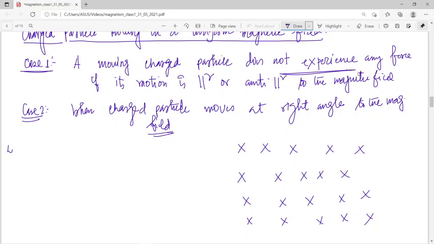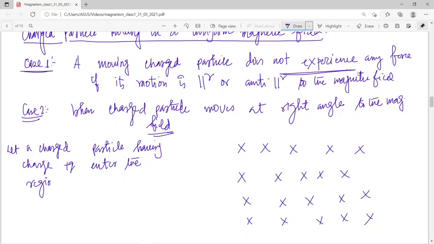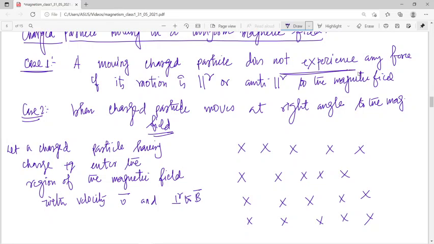and let a charged particle having charge plus q enter the region of the magnetic field with velocity v, perpendicular to the magnetic field.